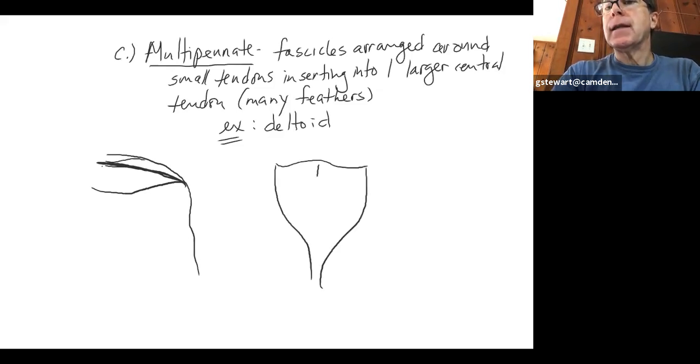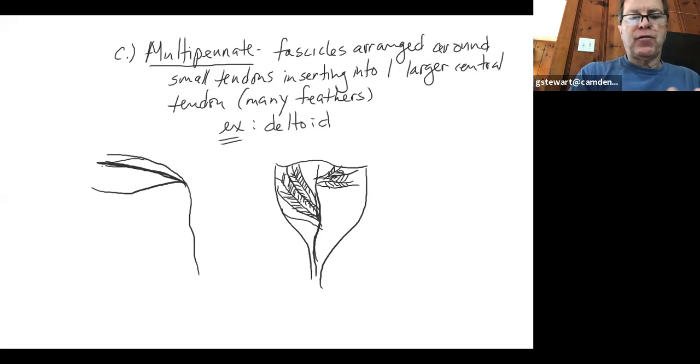There is a central tendon that runs down the center of it, but there's multiple smaller feathers with their own mini central tendons running into this one. Like this. So it looks like multiple feathers converging into one place.